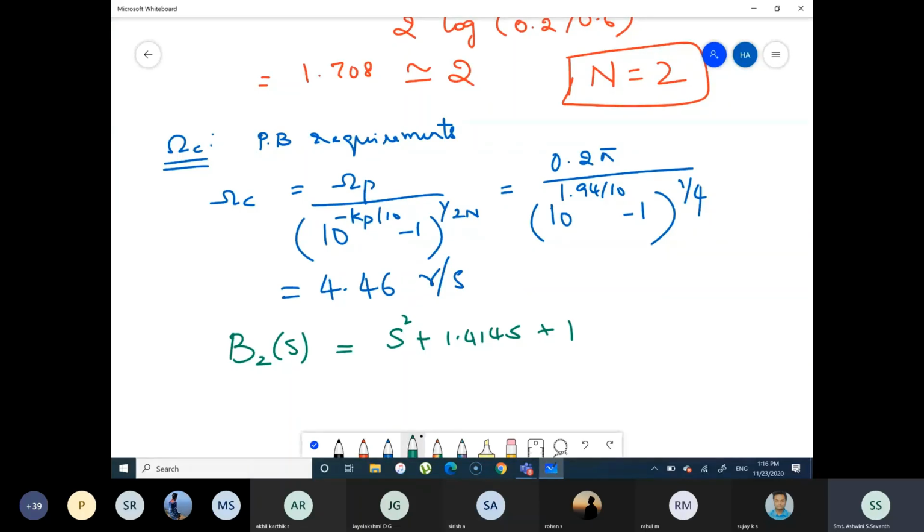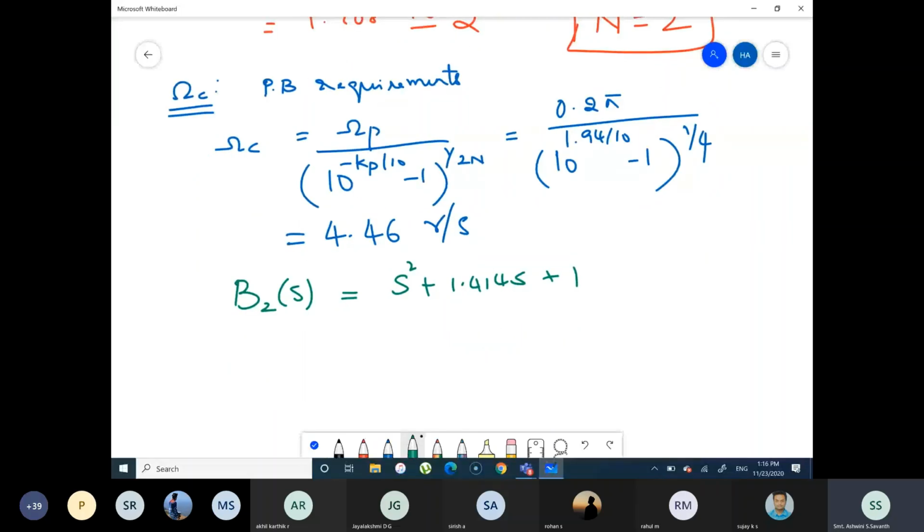B2 of s is s square plus 1.414s plus 1. So this was derived, right? So the Butterworth polynomial is that. What is the transfer function? H2 of s I'll write because n is 2 here. So this is the normalized transfer function.